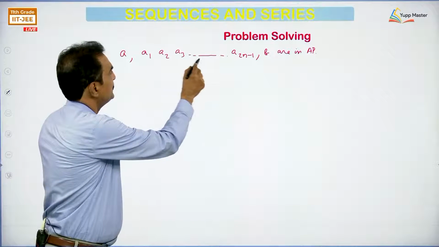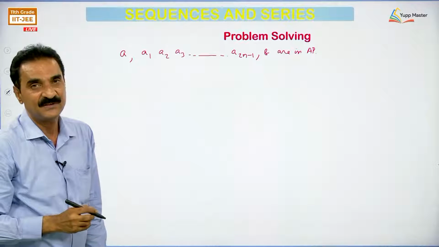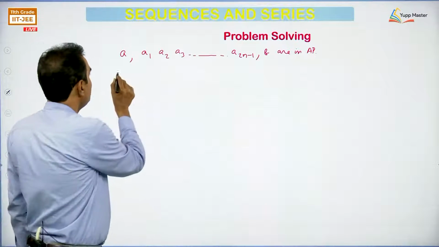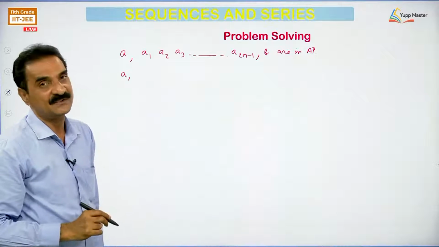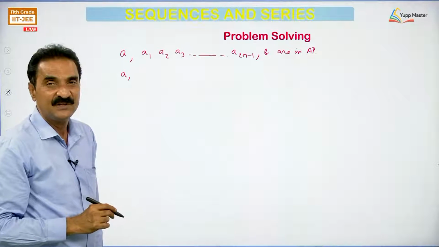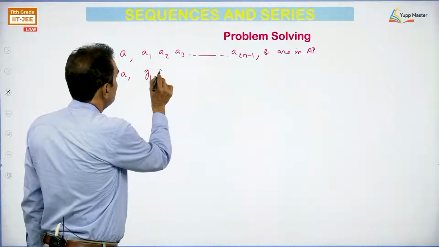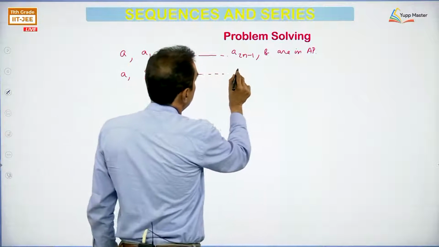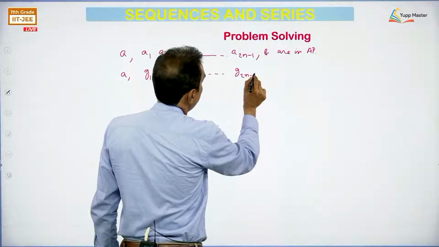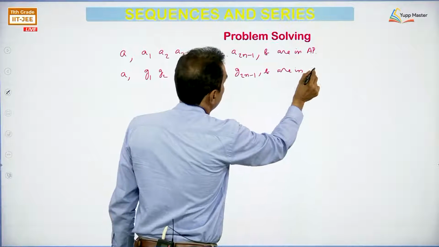These middle numbers A1 to A2n minus 1 are arithmetic means between A and B. And between the same numbers, 2n minus 1 geometric means are inserted. Let us denote them by G1, G2, G3 and so on. Then A, G1, G2, G3 and so on, G2n minus 1, B are in GP.